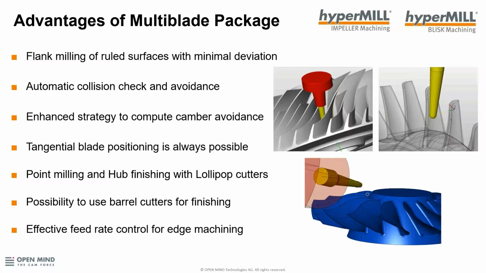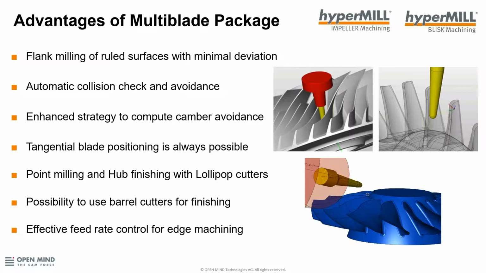So the tangential position is always maintained to provide better tool utilization. For finishing of hub and point milling of blades, there are special tools like the lollipop cutters that can be used for shroud-based parts, where you have an integrally shrouded stator, so you can use that.